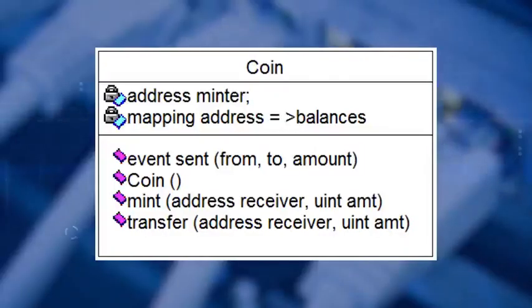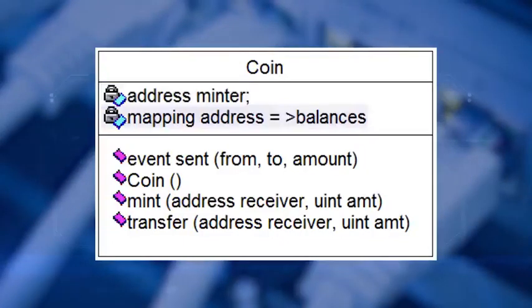How do you consume an event? You set up the listener for an event or events and consume or catch an event notification and act upon it. We're going to illustrate events using the Coin DApplication. The Coin smart contract has two data items. The first one is the address of the minter or the owner.